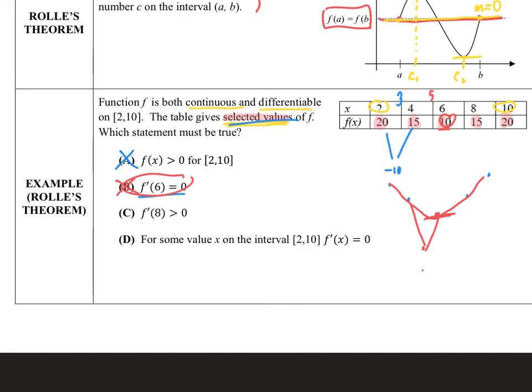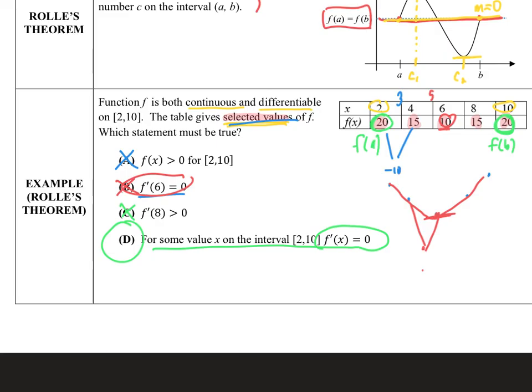So don't pick C, which means our answer has to be D. But let's take a look at it. So this is saying for some value x on the interval, f prime of x equals 0. So if I look at that interval, I see that f of 10 is 20 and f of 2 is 20. In other words, my f of b equals my f of a.